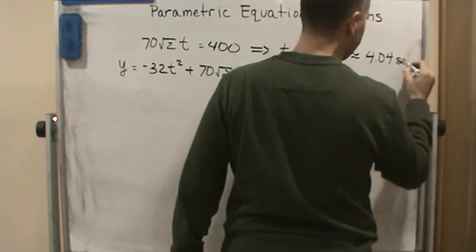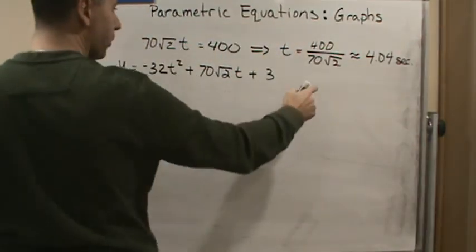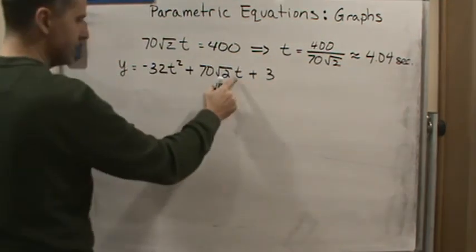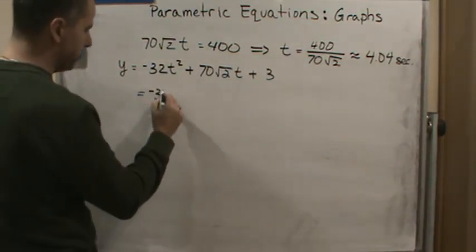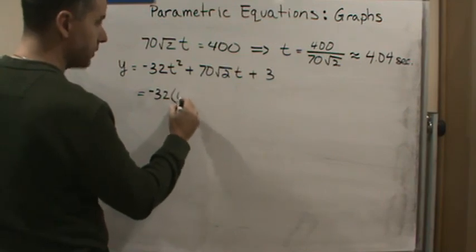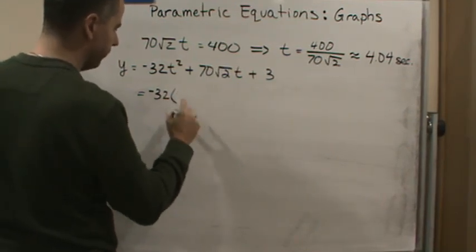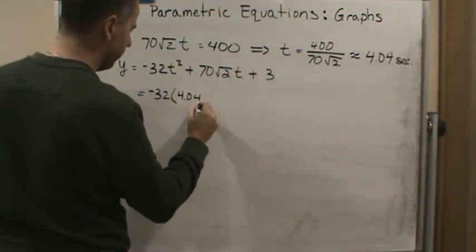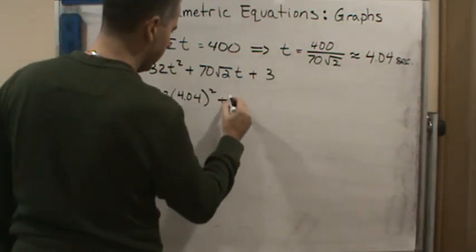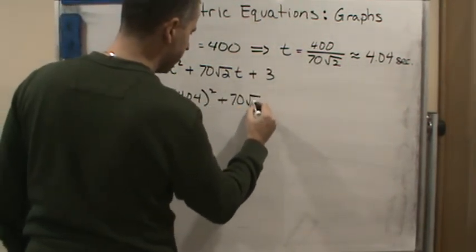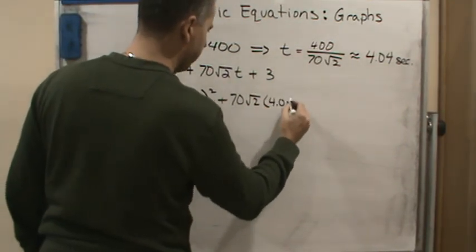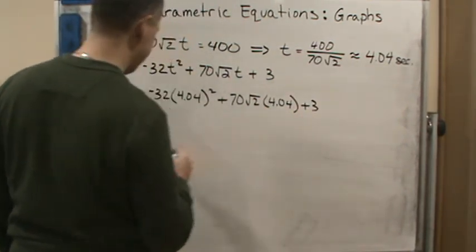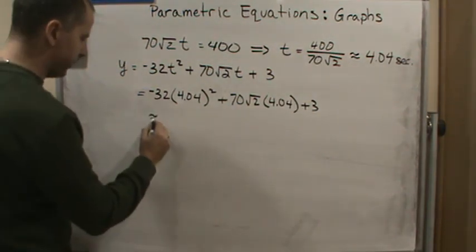Now I can take this time, stick it in here, and solve for y. So I get negative 32 times 4.04 squared plus 70 times root 2 times 4.04 plus 3. And if I stick this in my calculator, what do I get?